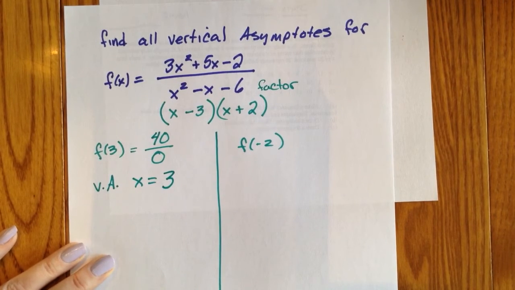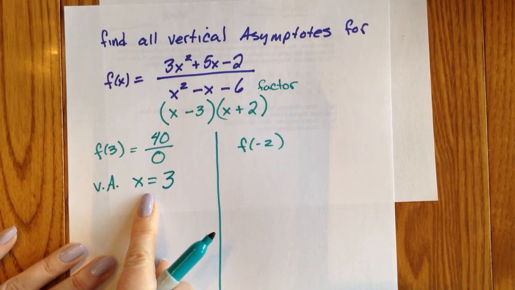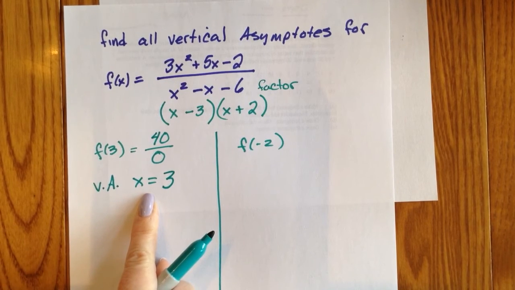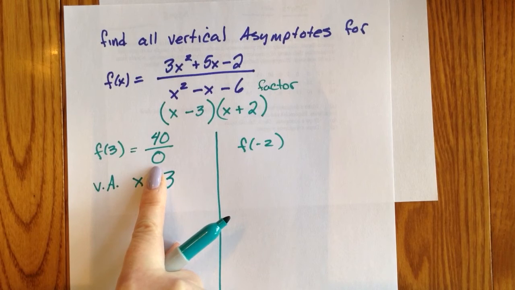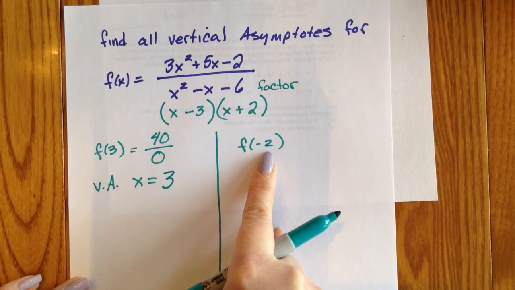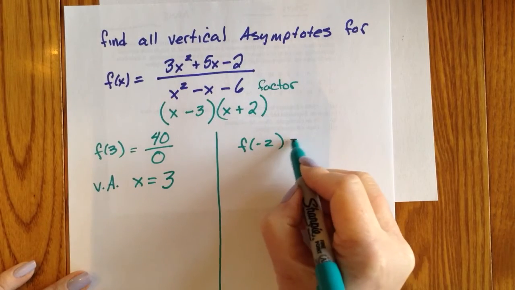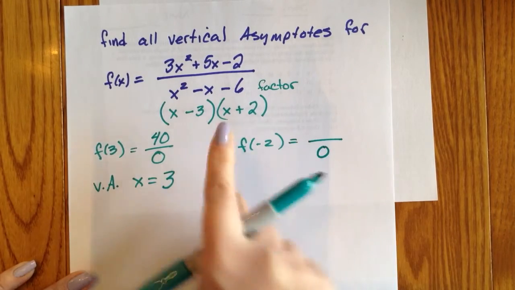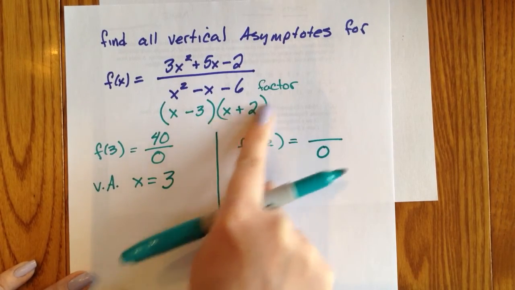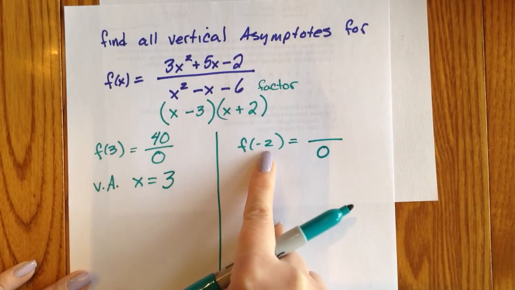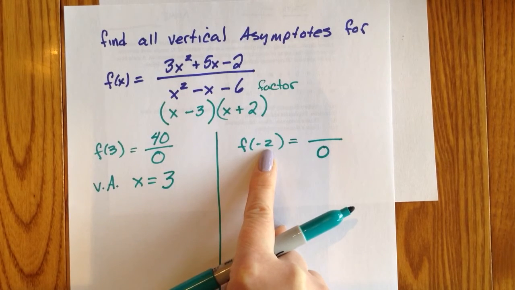Done. That's it. Vertical asymptotes, very straightforward. If you can arrive at not 0 over 0, you're good to go. Now, what about this -2? Maybe there's a second vertical asymptote. When I take -2 and fill it into the function, yes, we already know it made the denominator 0. 0 times anything is 0. But here's what's crazy.